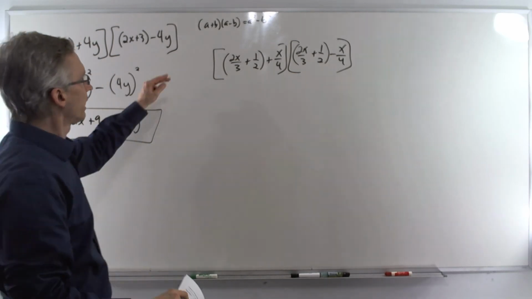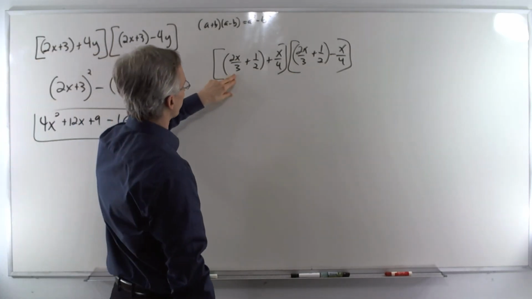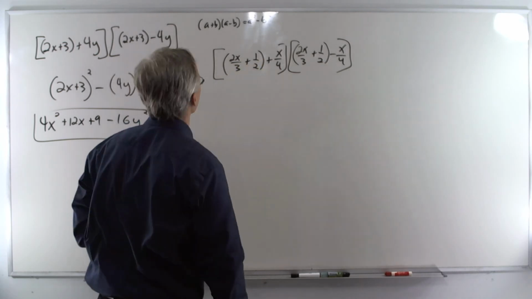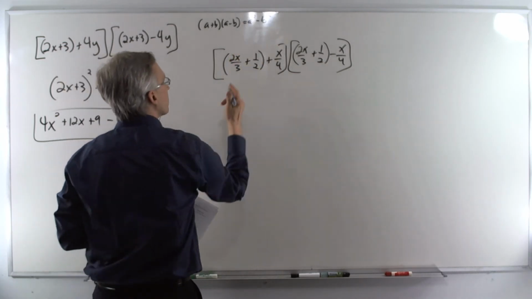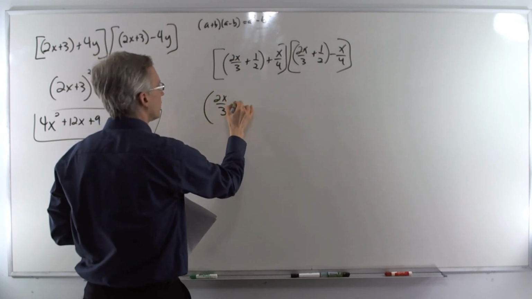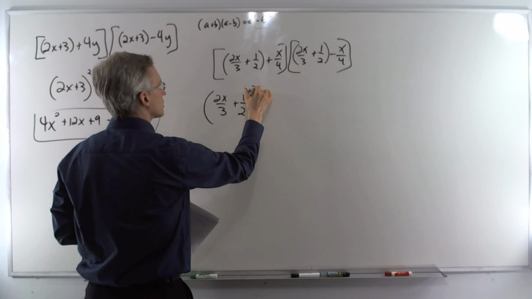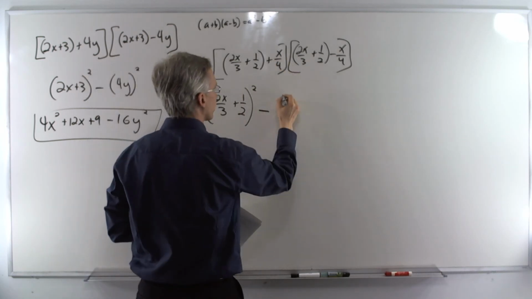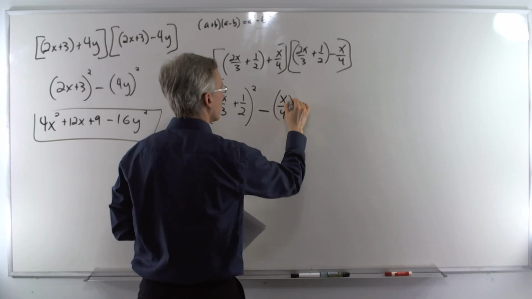All right, now this time a is 2x over 3 plus 1/2. And b is x over 4. All right, so using this formula, we want a squared. So that's 2x over 3 plus 1/2 squared minus, and b is x over 4, so we got x over 4 squared.